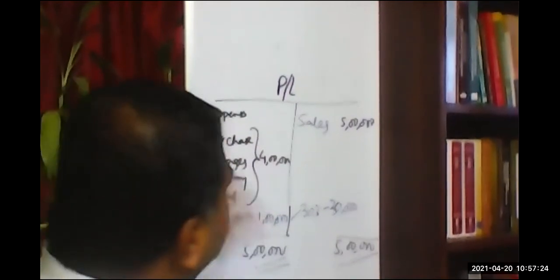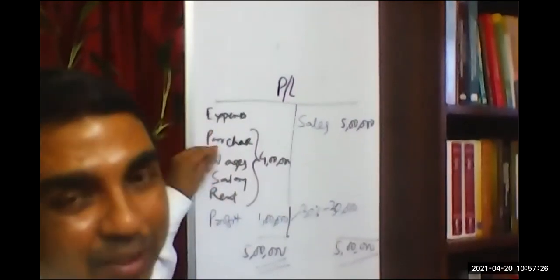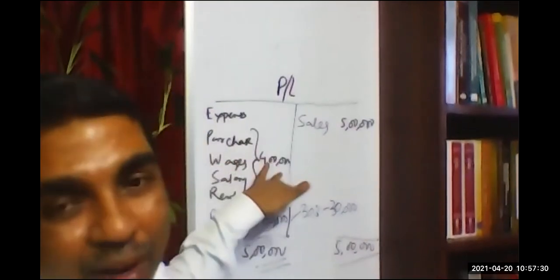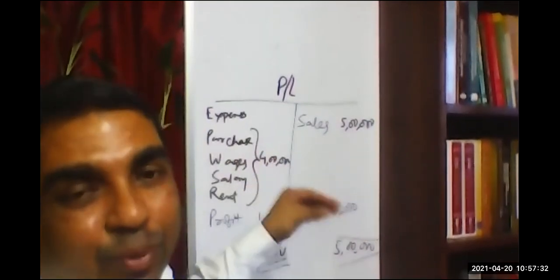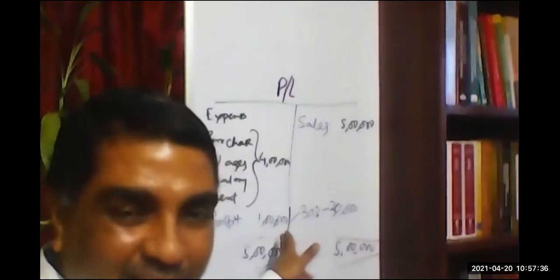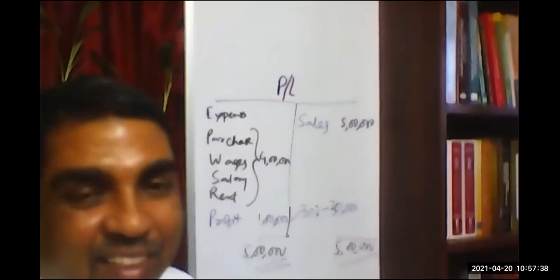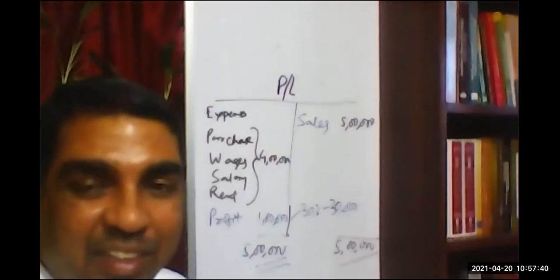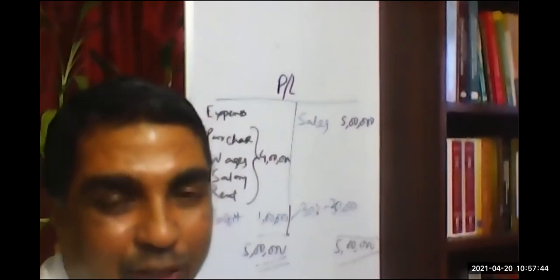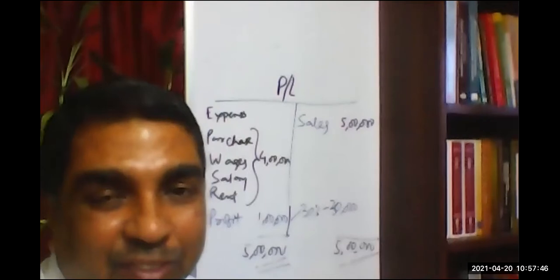Or you may think that artificially you will increase your expenses. That means you will include some fake expenses. Actually, you are paying 4 lakh, but in the books of accounts, you book it as 4 lakh 50,000. Then also profit will be less and you will be paying less tax. But that is again something illegal. Is it not? You are actually paying 4 lakh but booking at 4 lakh 50,000.